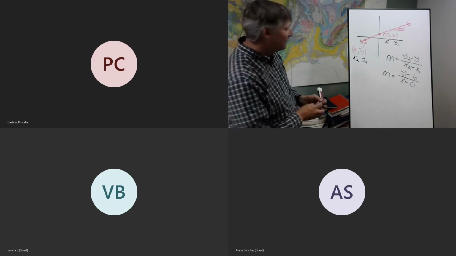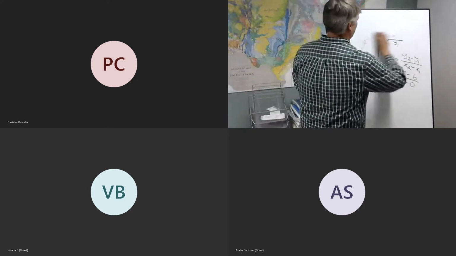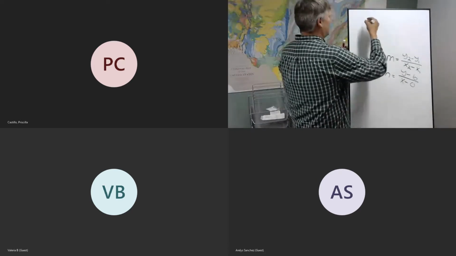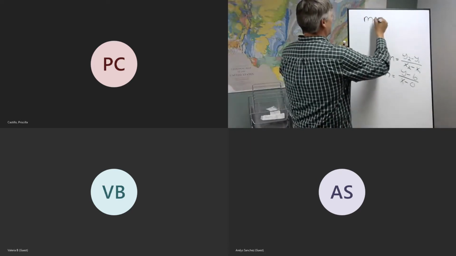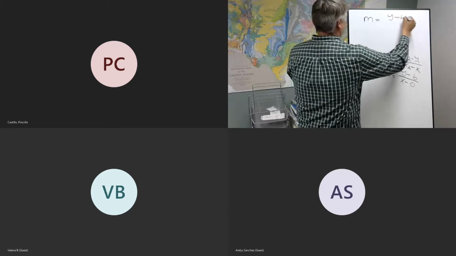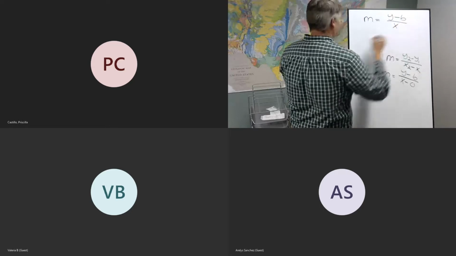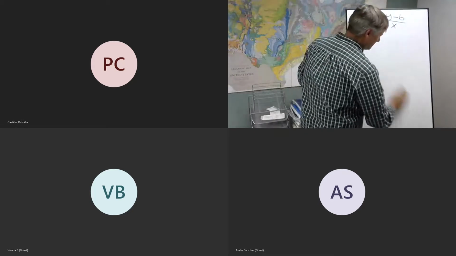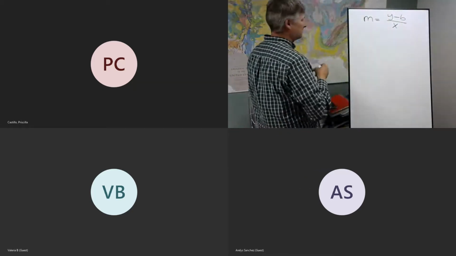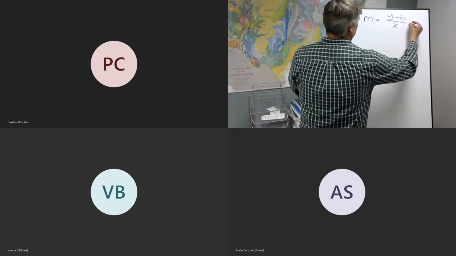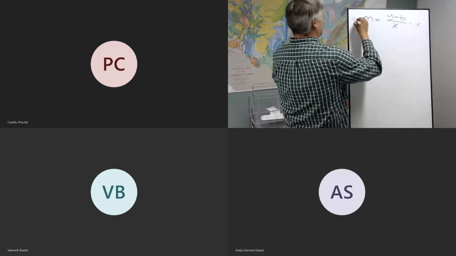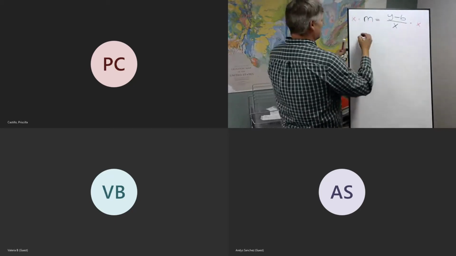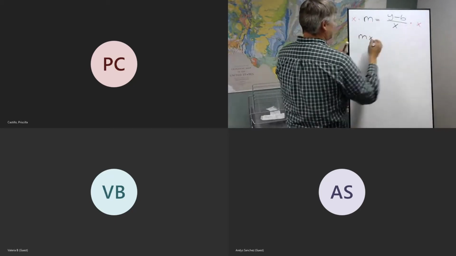So now I'm going to simplify things. This will be m equals y minus b over x. We're going to solve for y. I'll multiply both sides by x. The x's will cancel here. I'll write this as mx. I'll swap the order.